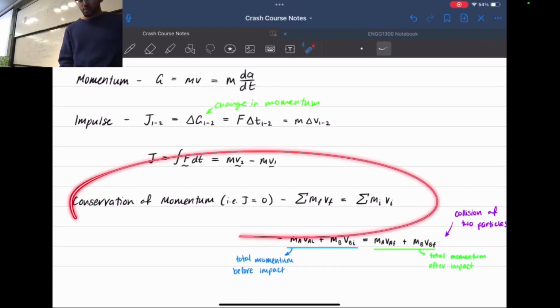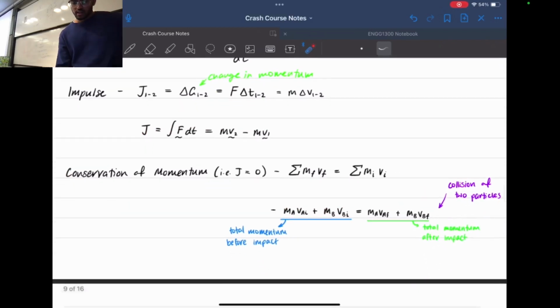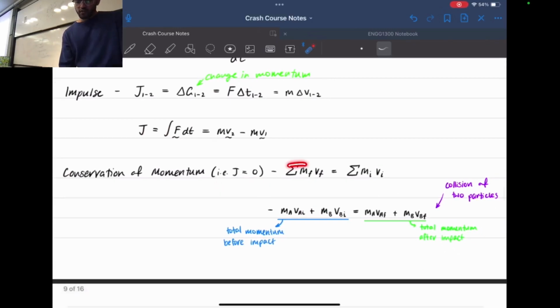So conservation of momentum and energy you guys will see as well, where it occurs when the impulse is equal to 0. So the sum of m_f v_f, also known as mass final, velocity final, is equal to the sum of mass initial, velocity initial, over here.